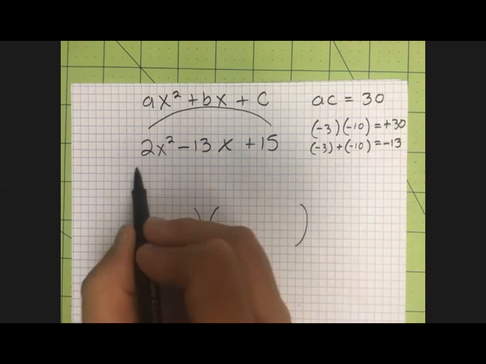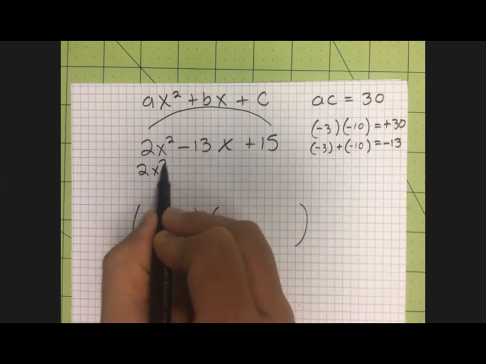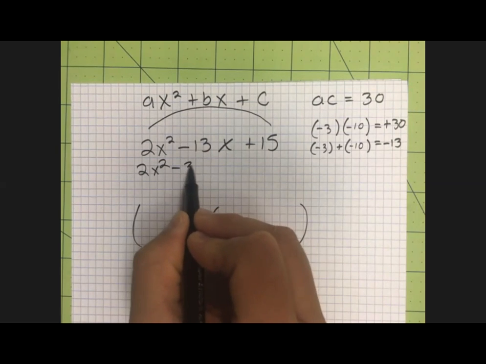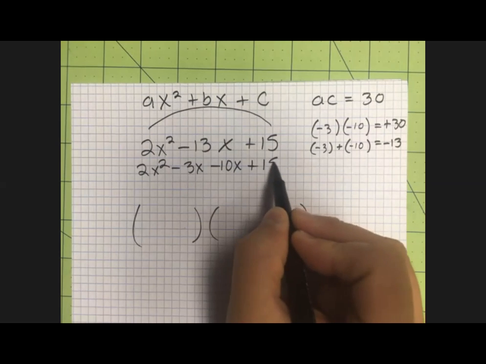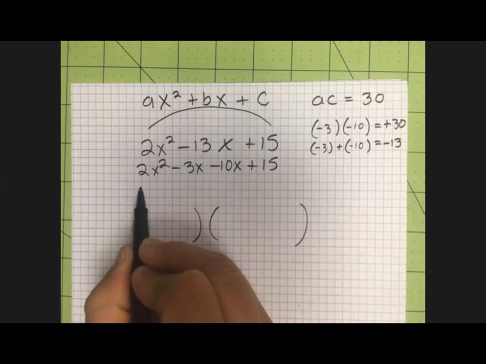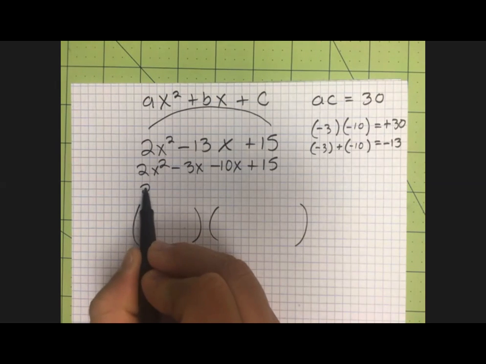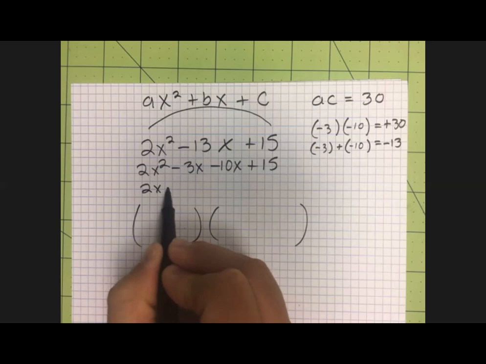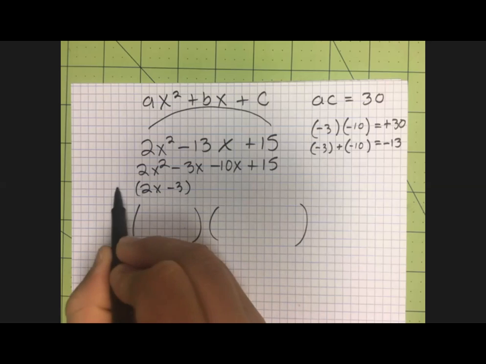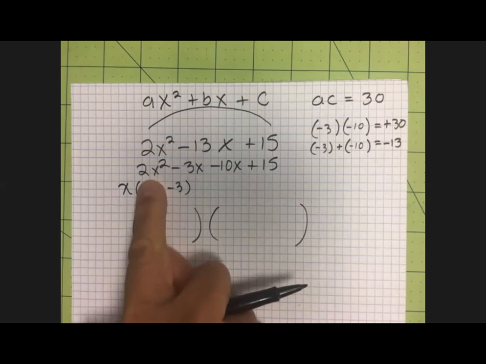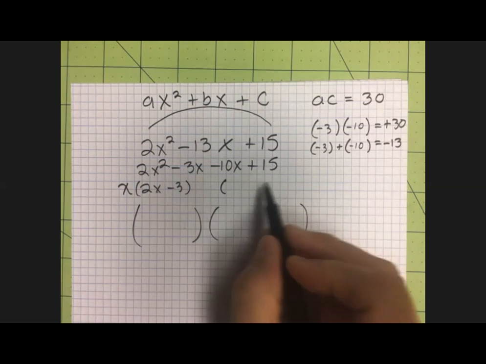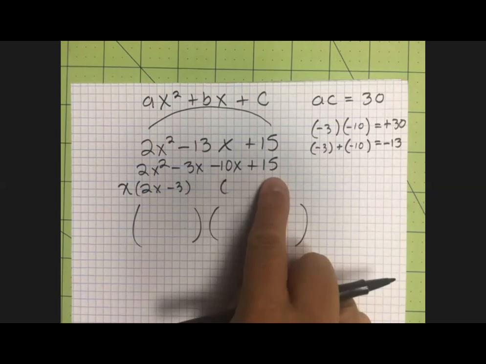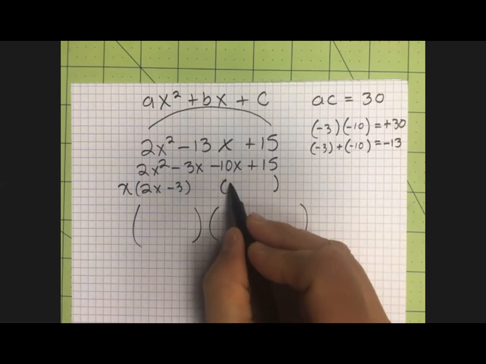So now I'm going to take the 2x squared and break up the 13x as minus 3x minus 10x. And here I have a common factor of x that leaves behind 2x minus 3. Here I have a common factor. Now be careful, 5 or minus 5. Think about what you want.